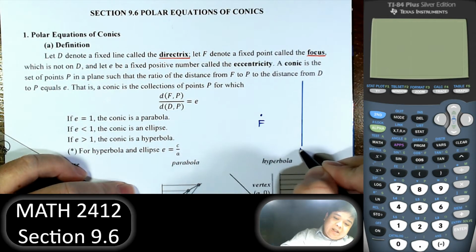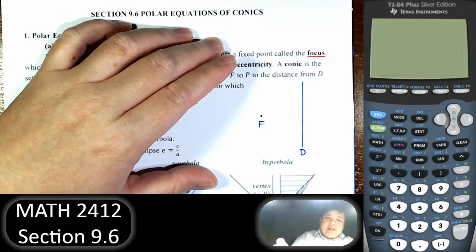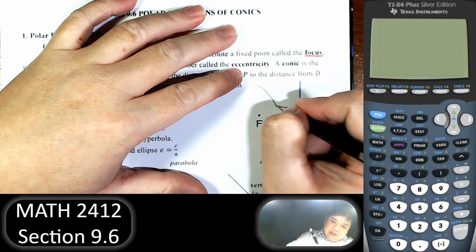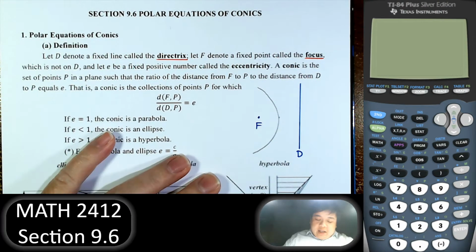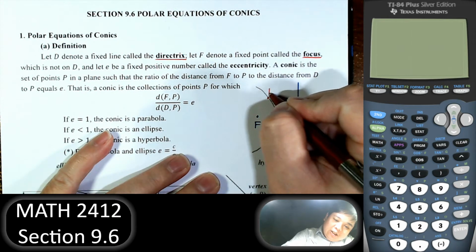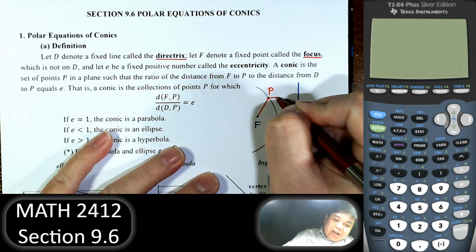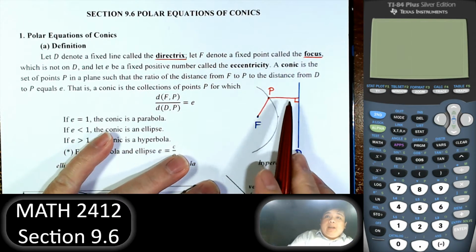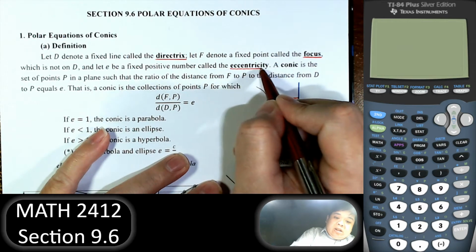Directrix is D, focus is F. Let's say we have a parabola. We take a point here, and the ratio of that point's distance to the focus and its distance to the directrix is going to be constant, and that constant is called the eccentricity.